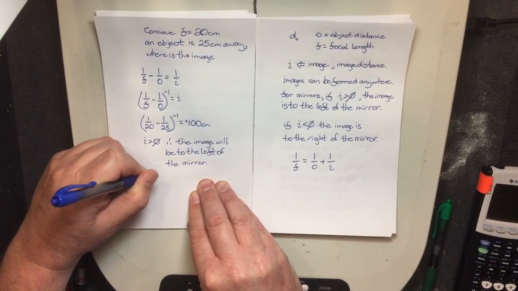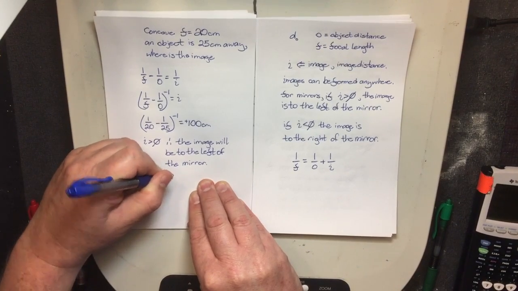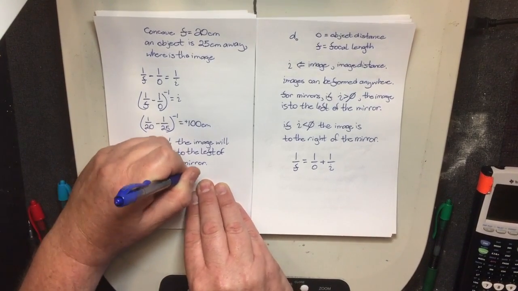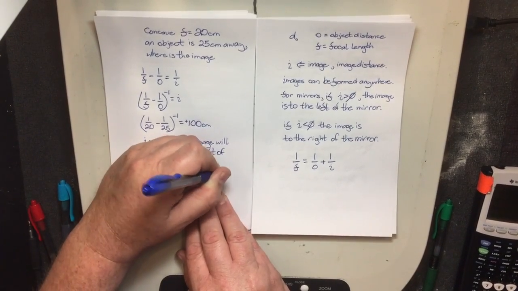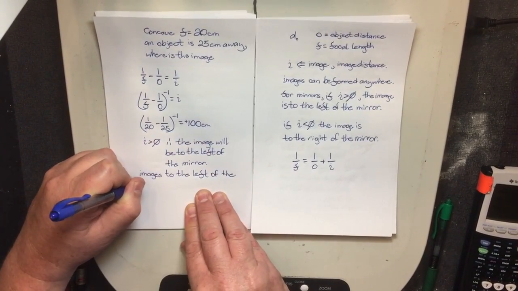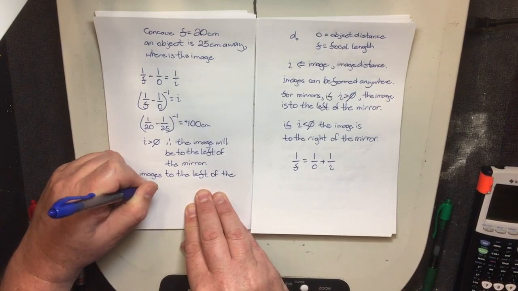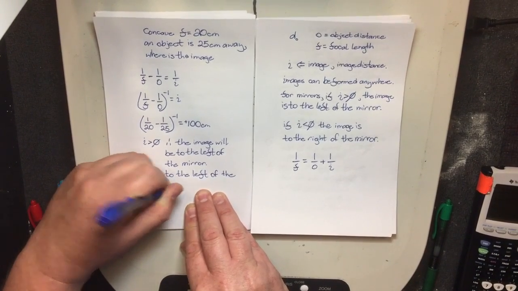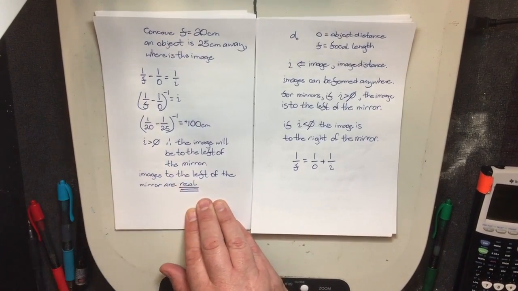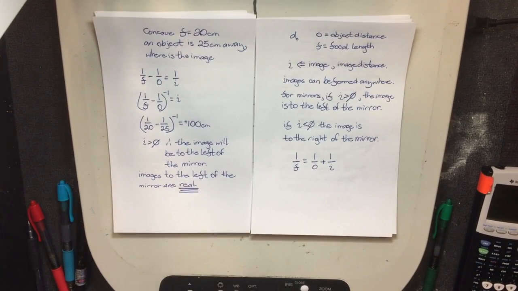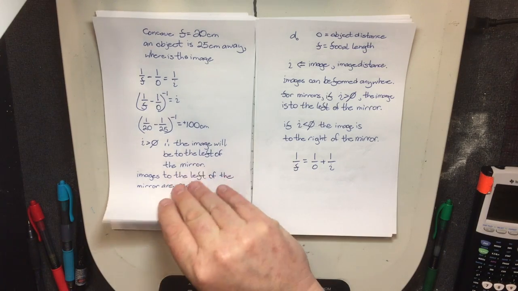Images to the left of the mirror are real. So the location of the image is to the left. Because it's a mirror and the image distance is positive, it is a real image.